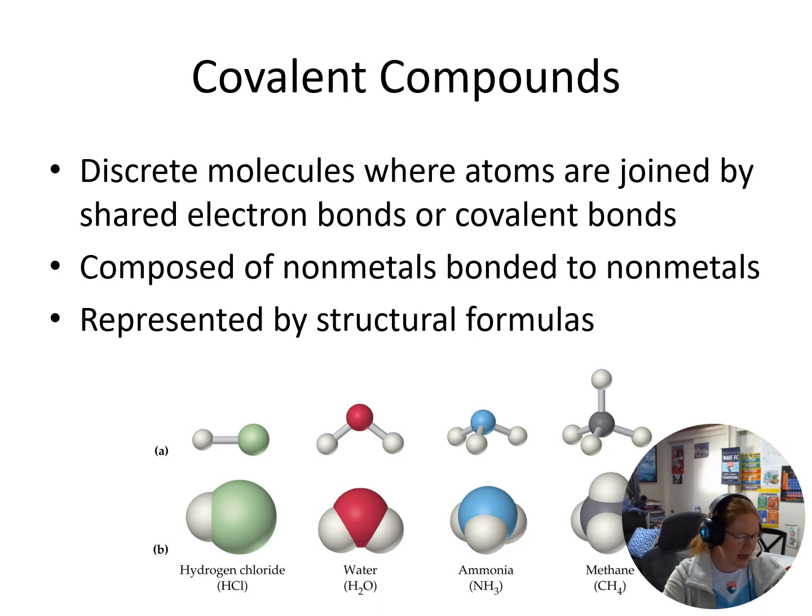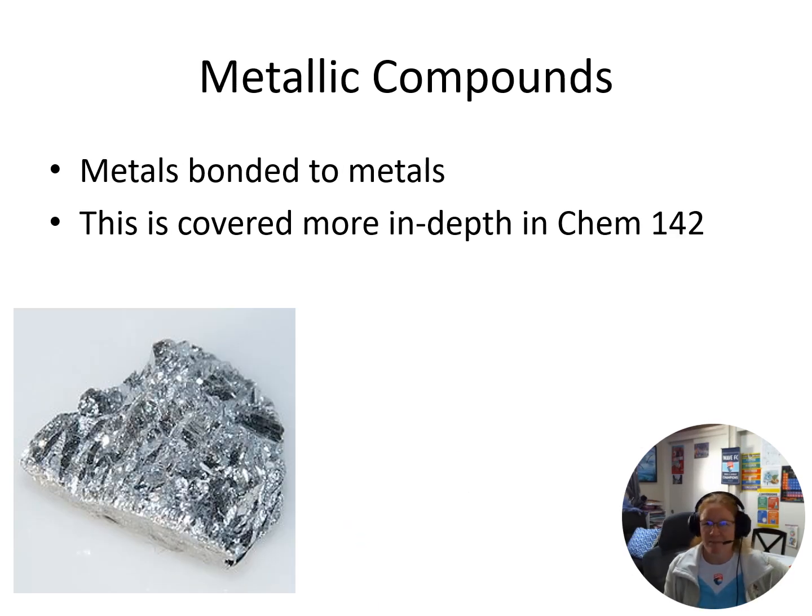And then our last compound type, metallic compounds. These are where I have metals bonded to metals, or I just have a pure sample of a metal. Again, stop for a second, pause, and see if you can remember any properties of metallic compounds.